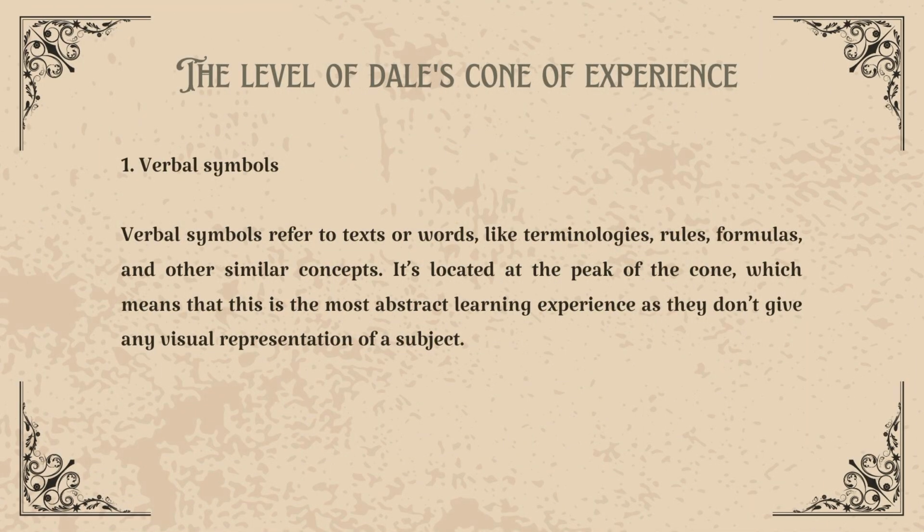The first level is verbal symbols. Verbal symbols refer to text or words like terminologies, rules, formulas, and other similar concepts. It's located at the peak of the cone, which means that this is the most abstract learning experience, as they don't give any visual representation of an object.